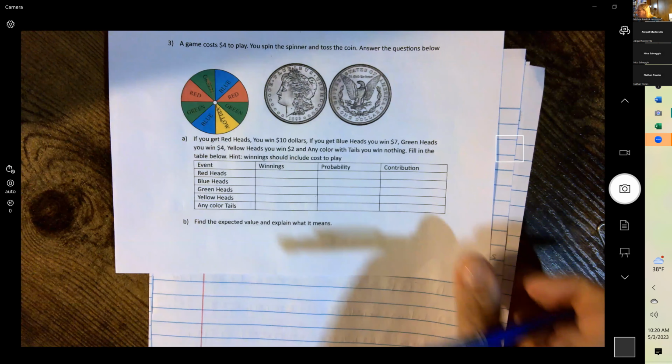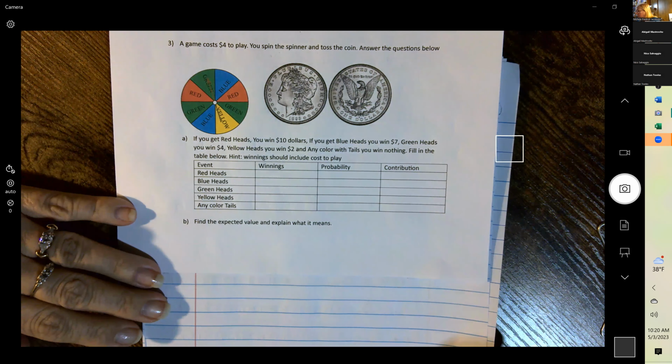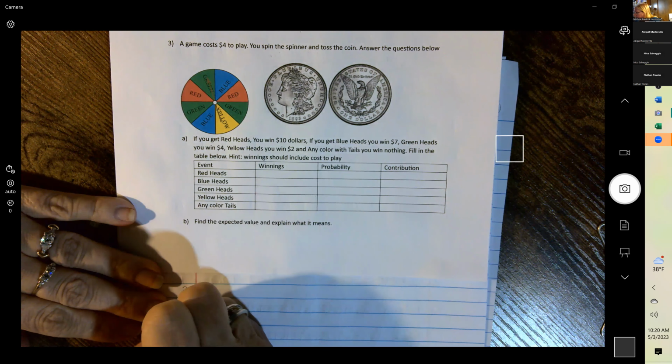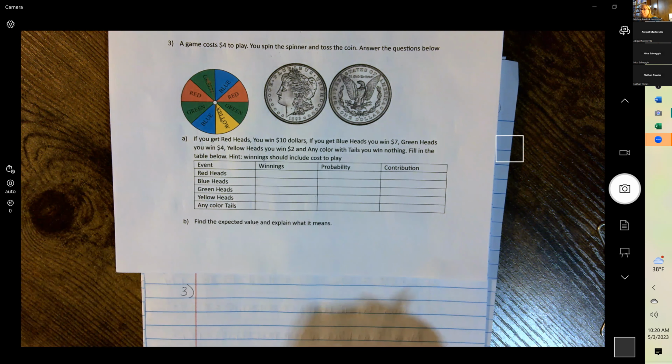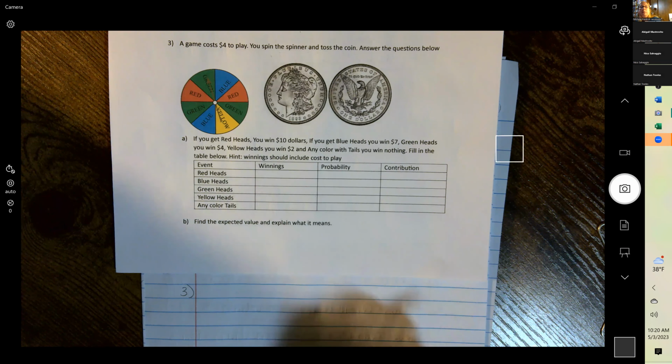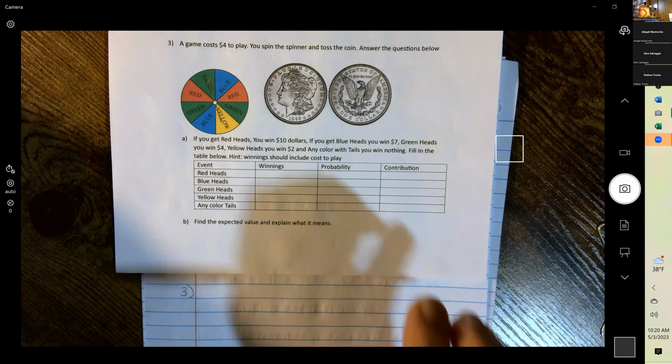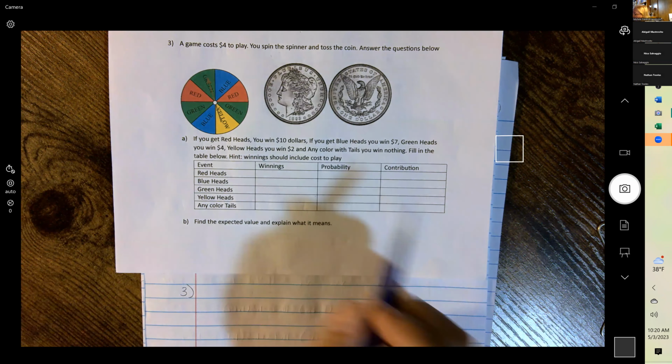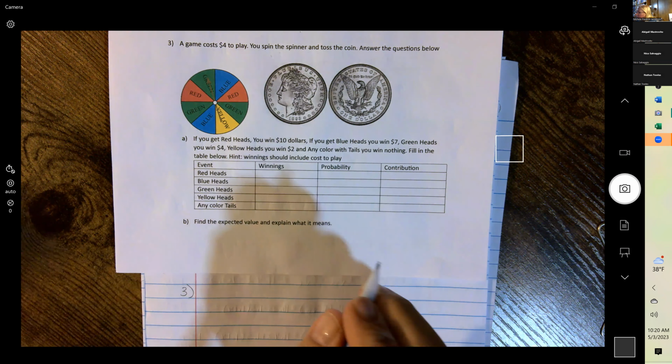There we go. I am confused about the probability section. Okay. And let me.